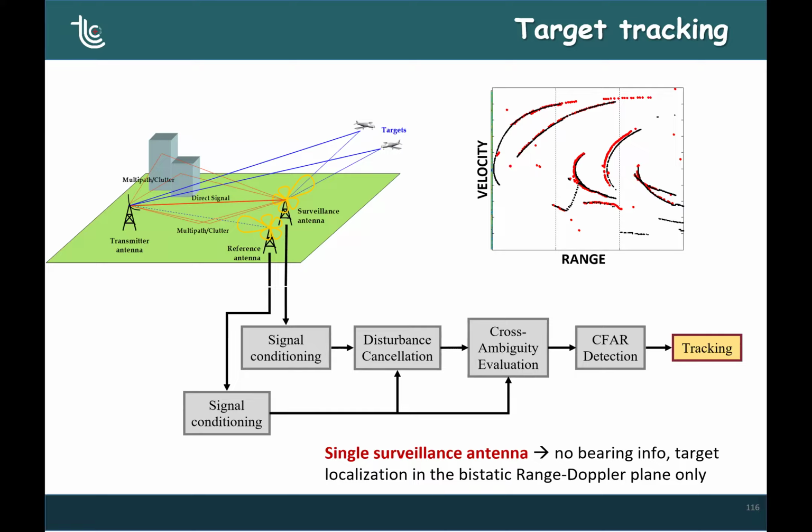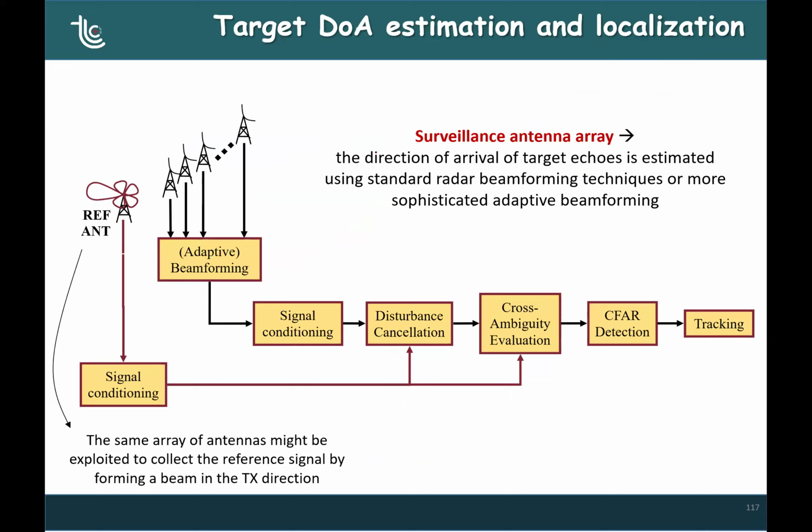We have only bistatic range and Doppler. The ambiguity function provides us with information only on the Doppler and on the range. How can we get the information on the angle?